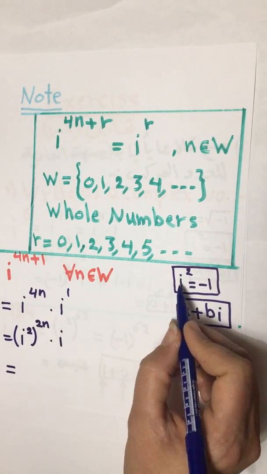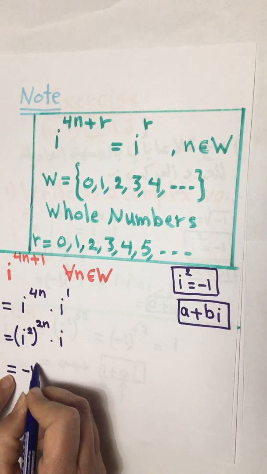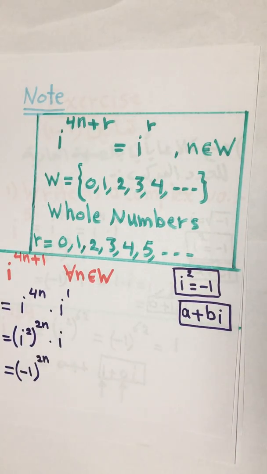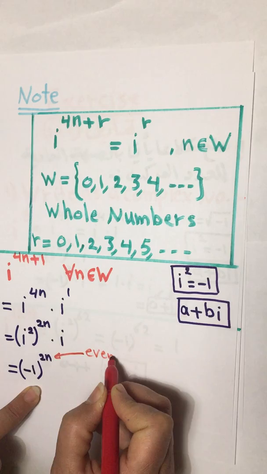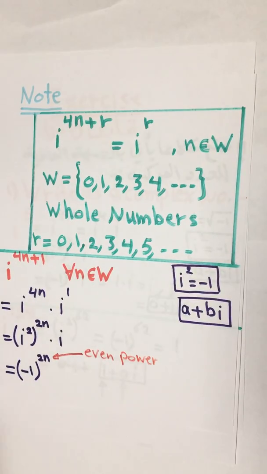I know I squared equals negative 1, so this equals negative 1 to the power 2n, and this power is an even number.